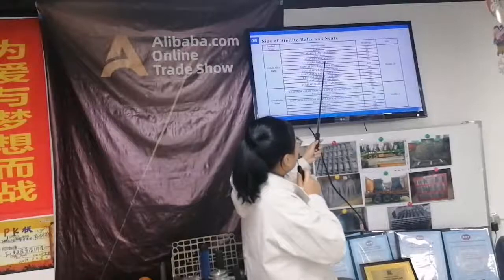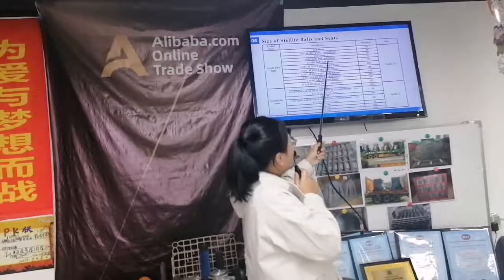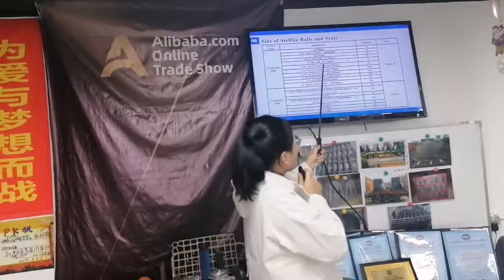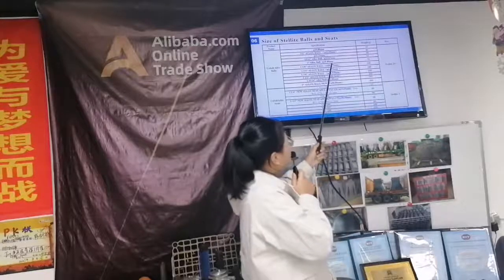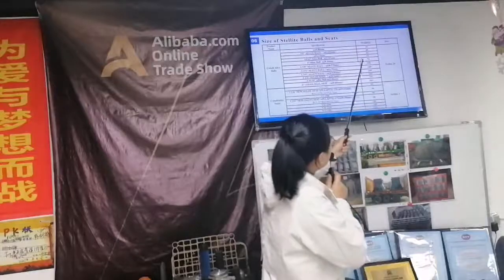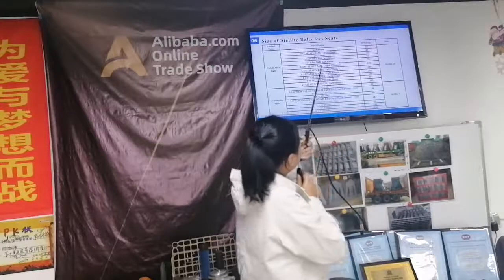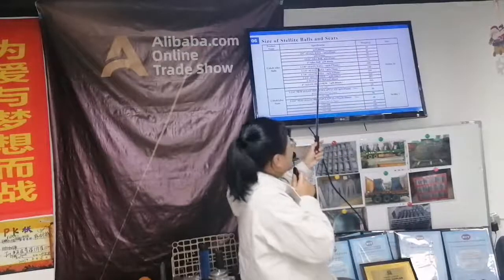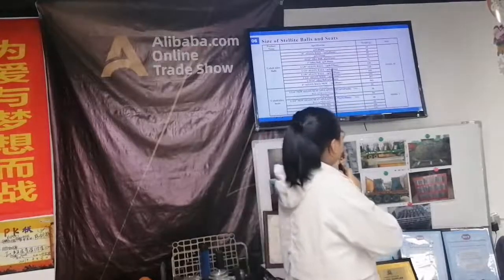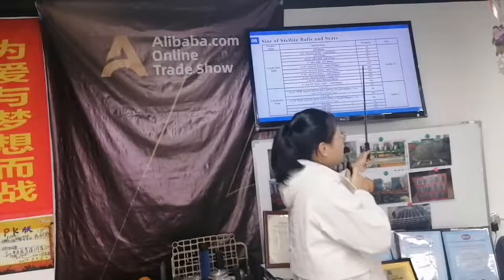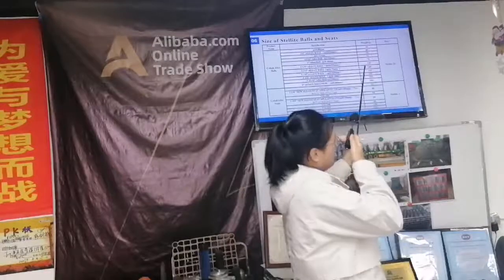Diameter 25.4 millimeter. The unit weight is 61 grams. Diameter 28.575 millimeter. The unit weight is 105 grams.